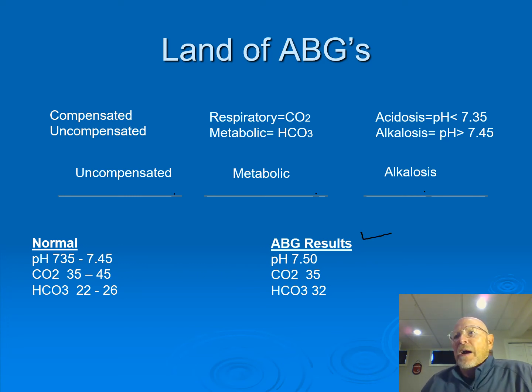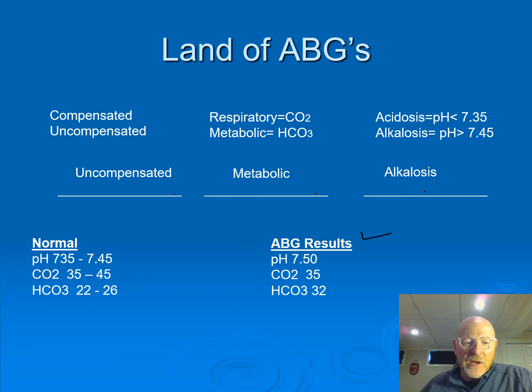There are only two possible first names, two possible middle names, and two possible last names of everybody that lives in this land of ABGs.